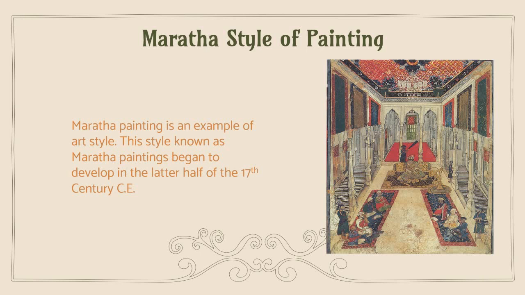This style consists of colored paintings, and they occur as murals and also miniatures used in manuscripts. Murals of Maratha style can be seen in the old Vadas at places like Vai, Menavali, and Satara in Maharashtra. The Maratha style was influenced by Rajput and European styles of painting.